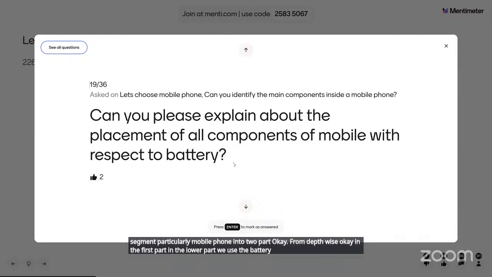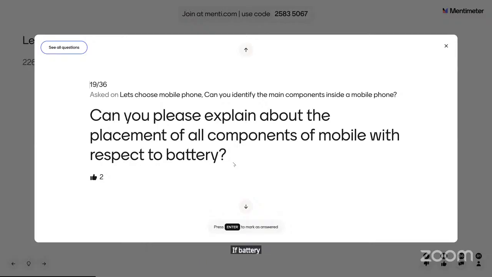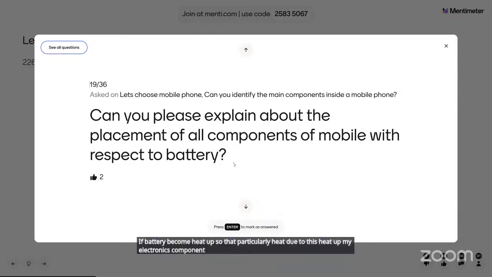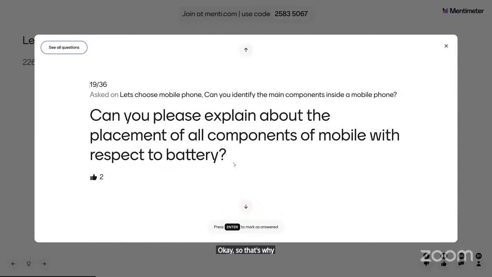Basically we need isolation between the battery and the components, because when we use the battery it heats up. Due to this heat, my electronic components may get damaged. So one heat sink will be used between the battery and the components.